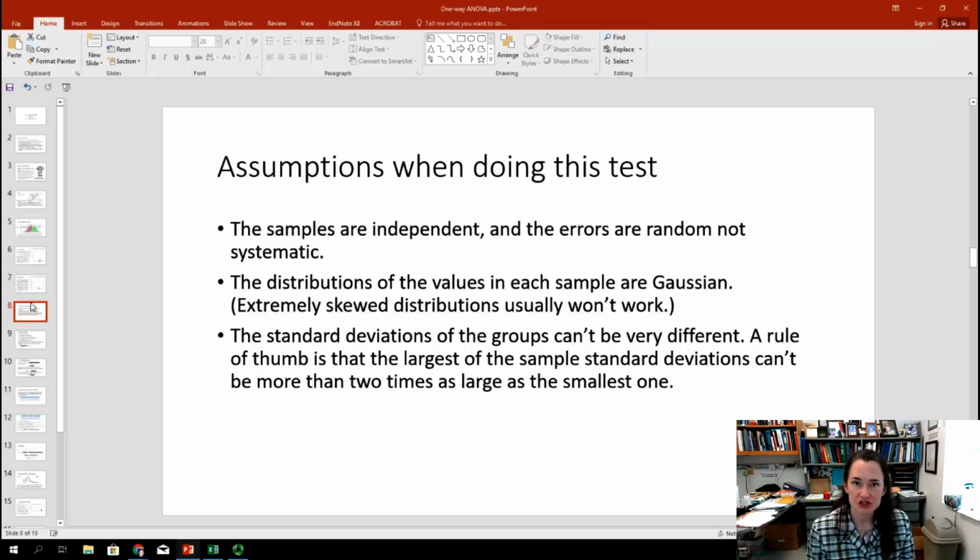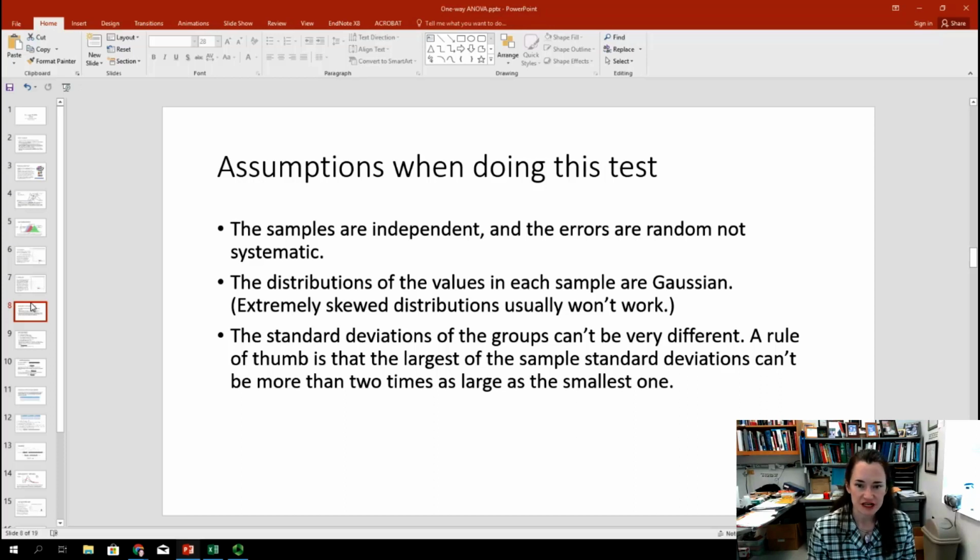Now there's certain assumptions that you do when you're doing this test. First is that the samples are independent and the errors are random and not systematic. The distribution of the values in each sample should be Gaussian, okay, or follow the normal distribution function. If you have an extremely skewed distribution, usually the ANOVA is not going to be a good test for you.